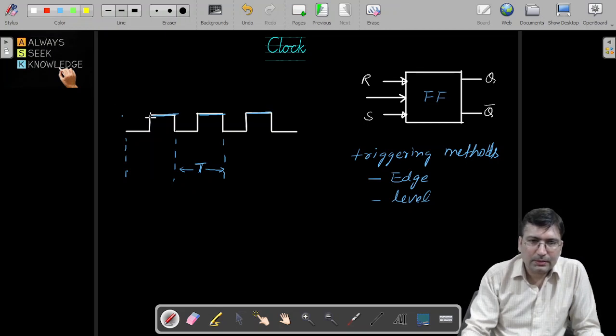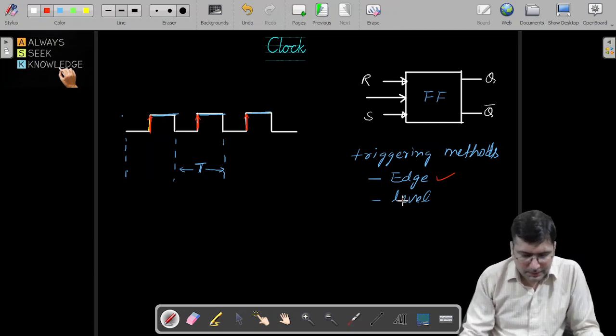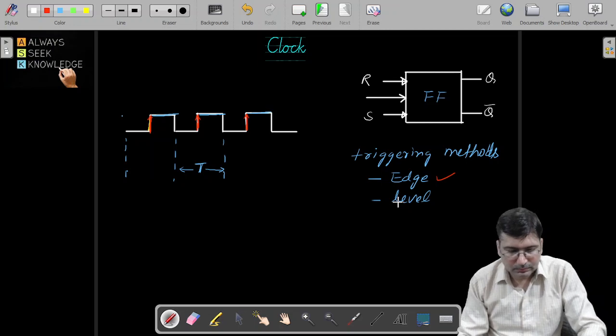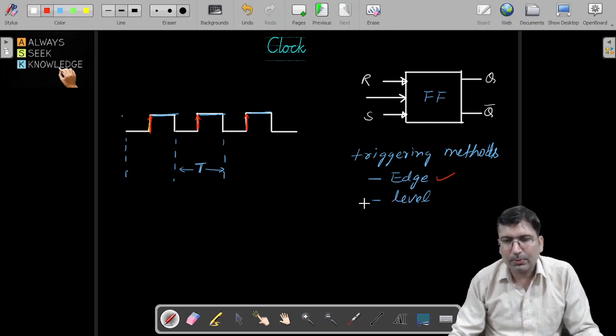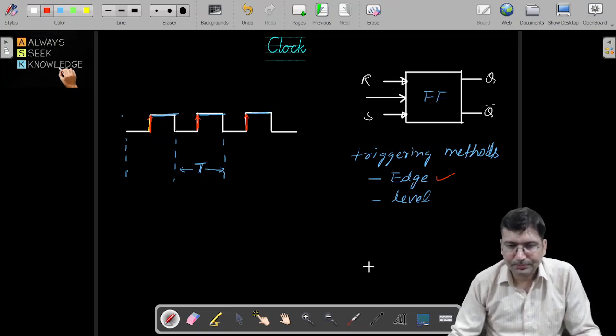But in case your flip-flop is getting triggered when your pulse is going from low to high, at these positions, then your flip-flop is enabled, and in that case such a flip-flop we consider as an edge triggered flip-flop. Later on we will solve some problems once we study SR and other JK flip-flops.